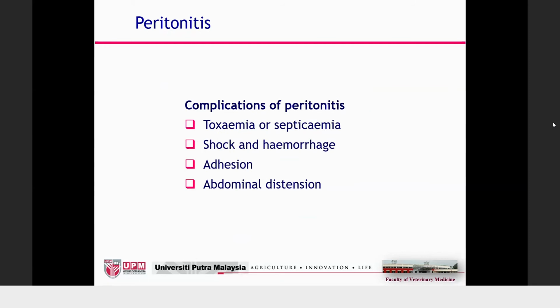So why is peritonitis so important? Of course, if not intervened with treatment, it can lead to death of the animal. One potential cause of death is toxemia or septicemia.